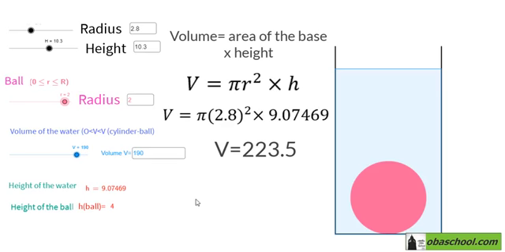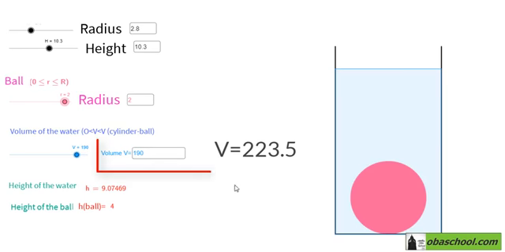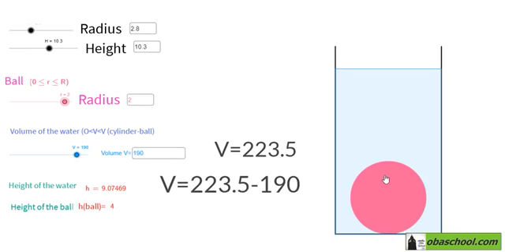Now we will subtract the volume of water inside the cylinder from the new volume of the measuring cylinder. Then the volume of the solid is equal to 223.5 minus 190, which is equal to 33.5 unit cubed.